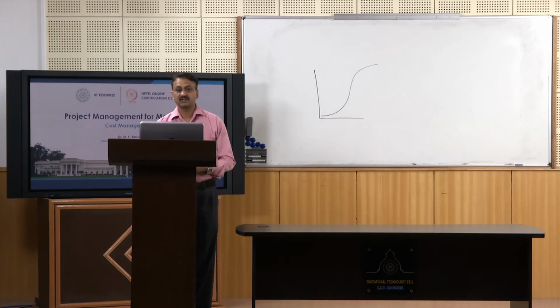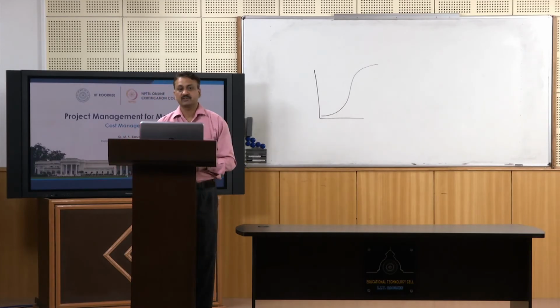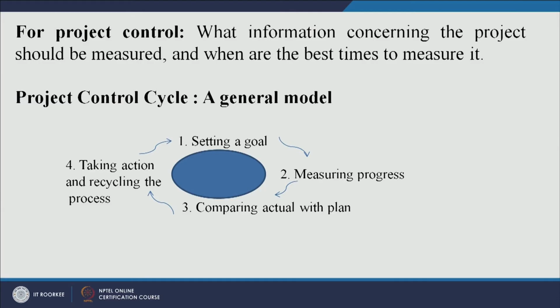Whether you want to measure the cost or time, or let us say the availability of resources, and when you want to do this performance analysis, should it be monthly, twice a year or annually, and so on. So, you need to look at what should be measured and when it should be measured. Let us look at a very general model of performance measurement or project control cycle.